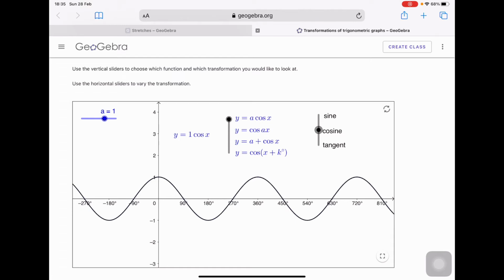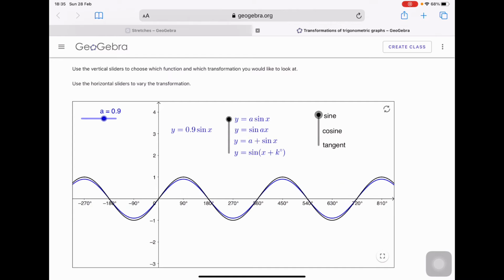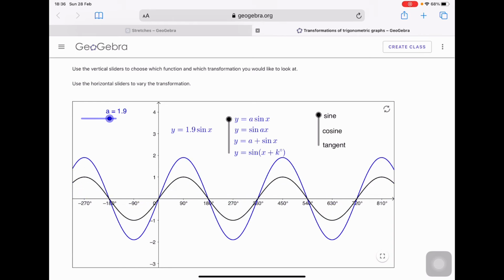If we were to change this a value, let's just focus on sine for now, so we have the graph of y equals 2 sine x. Now the amplitude is 2 because the peak here at 90, 2 has a vertical distance of 2 to the x-axis.